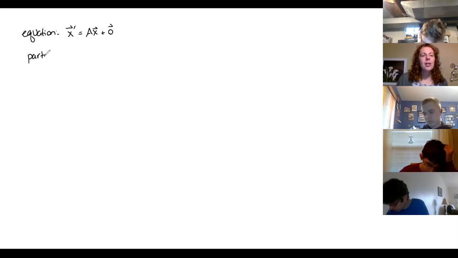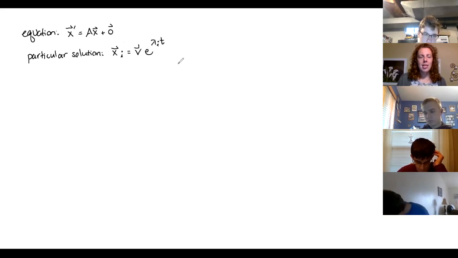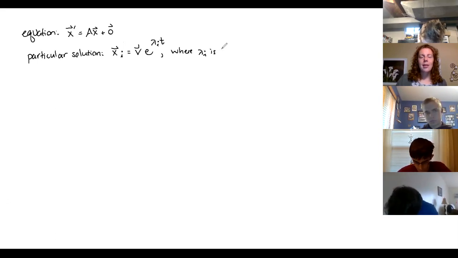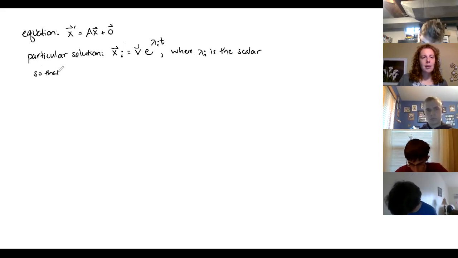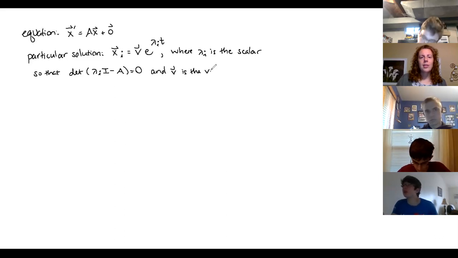A particular solution is going to be vector x sub I equals vector v times e to the lambda I t, where lambda I is the scalar so that the determinant of lambda I minus A is equal to 0, and v is the vector so that A v equals lambda I v.